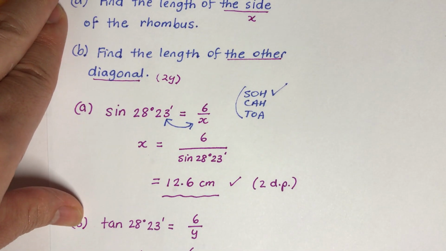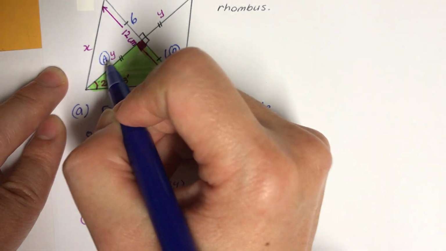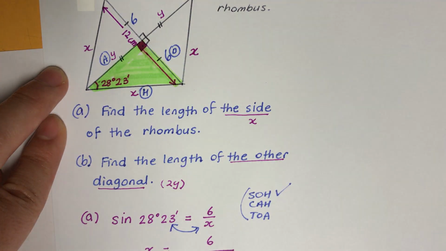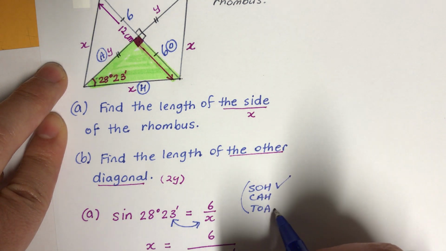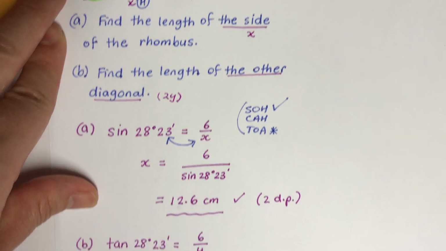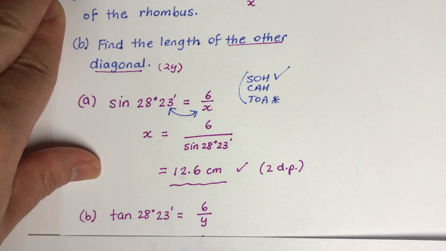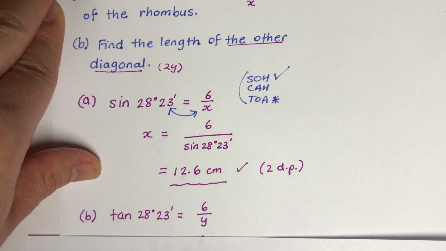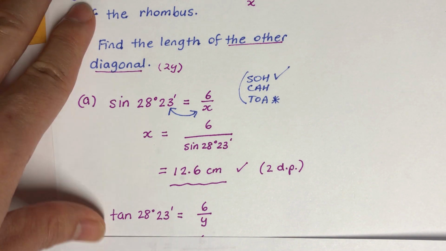So since I can use O and A, which one has O and A? Yep, tan. So tan 28 degrees and 23 minutes equals opposite over adjacent. Remember, opposite was 6, adjacent is y.